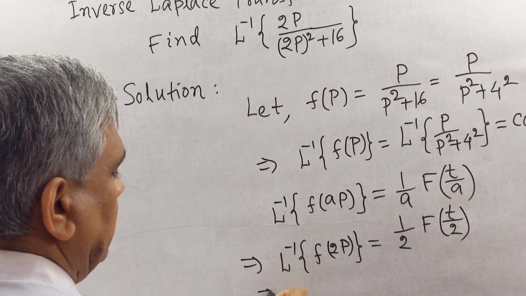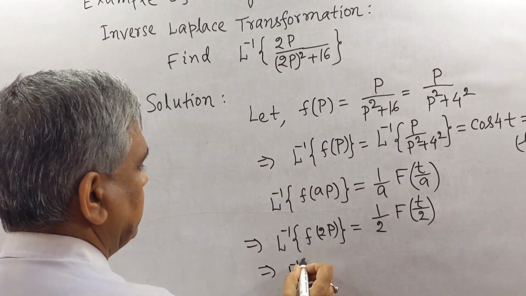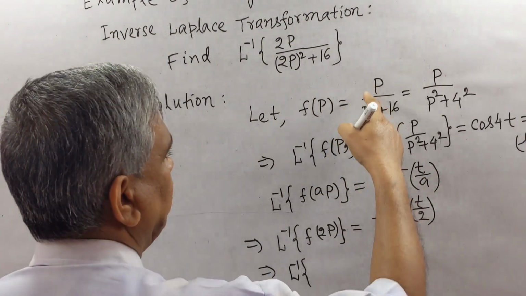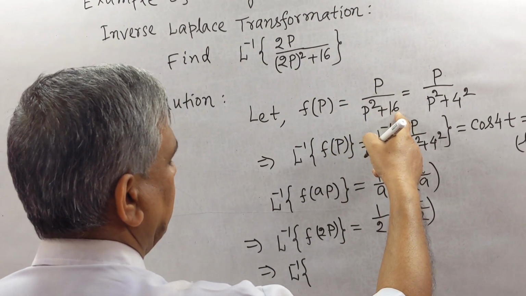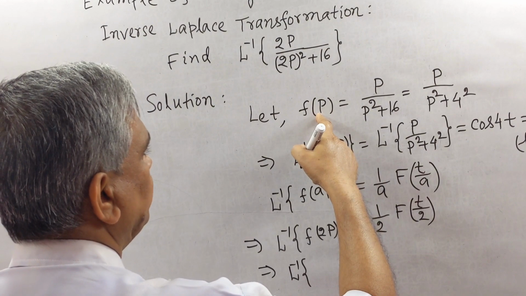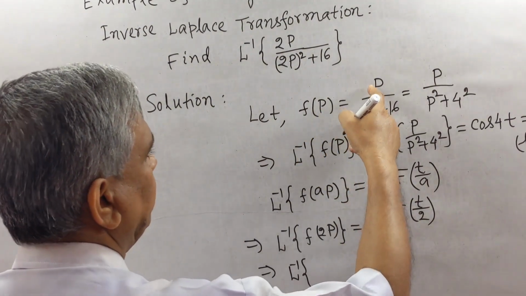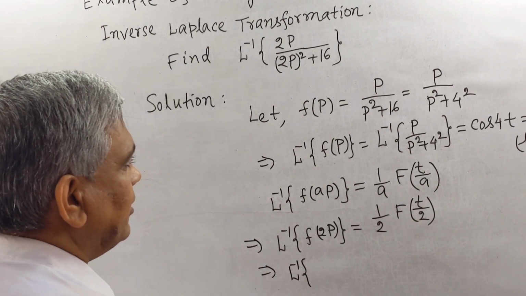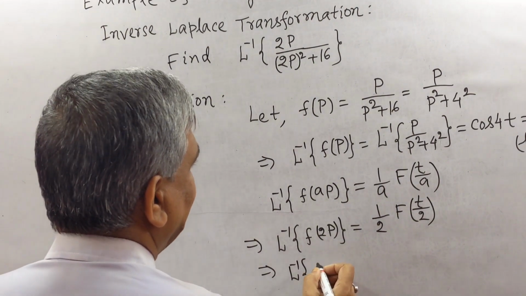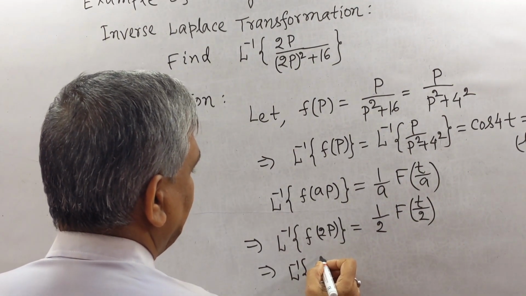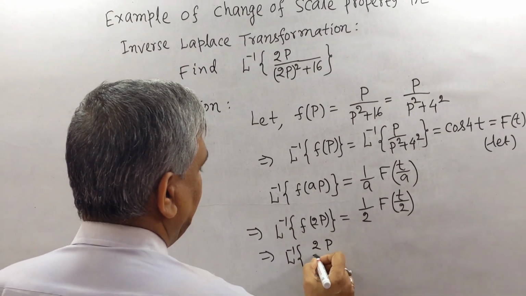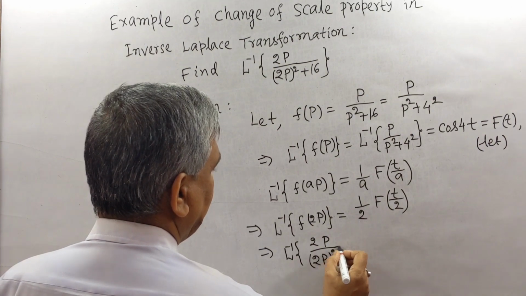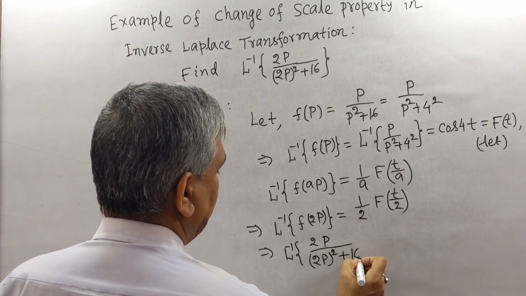Here F(p) equal to p by p square plus 16, therefore F(2p) equal to 2p by (2p) whole square plus 16.